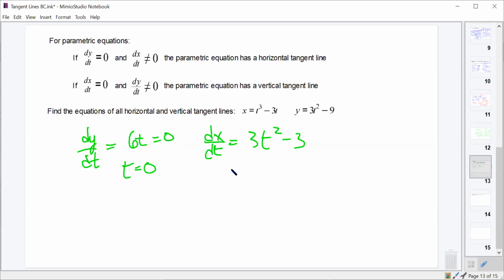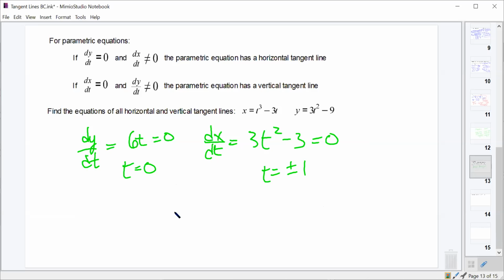And when does dx dt equal 0? If you take the 3 out of that, it's t squared minus 1. So t equals plus or minus 1. So for this one, it doesn't look like there's any overlap, right? So we should have a horizontal tangent line at t equals 0 and a vertical tangent line at t equals plus or minus 1.